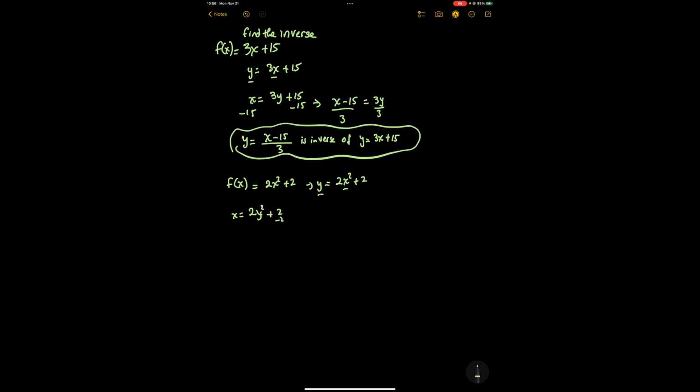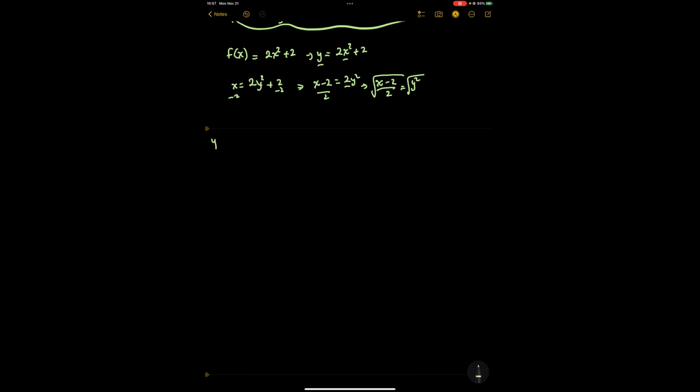So I'm going to subtract 2 on both sides, and I get x minus 2 equals 2y squared. I'm going to divide by 2 on both sides, which means (x minus 2) over 2 equals y squared. Now I have y squared. I'm going to take the square root on both sides, right? That would be y equals plus or minus the square root of (x minus 2) over 2.